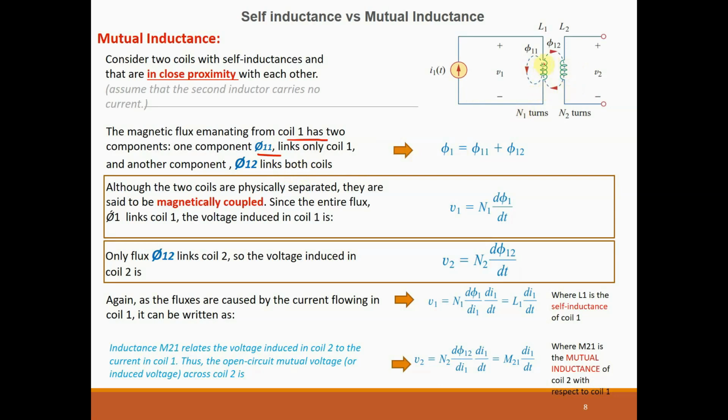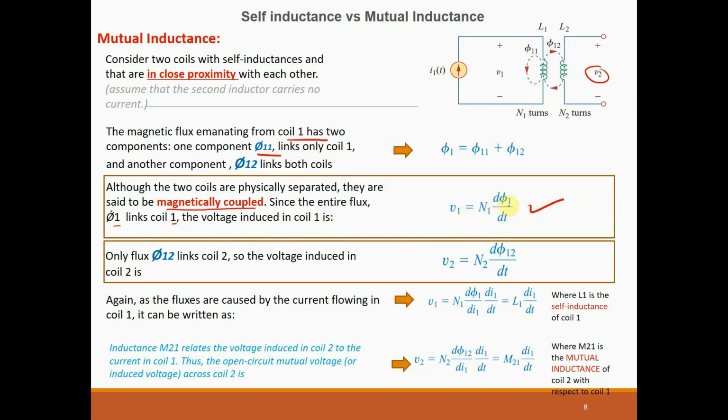Since there is a link on the other coil, there will be an induced EMF, which is equal to v2, right? Now, although the coils are physically separated, they are said to be magnetically coupled since the entire flux φ1 links coil 1. The voltage induced in coil 1, v1, will be N1 dφ1 over dt, right?